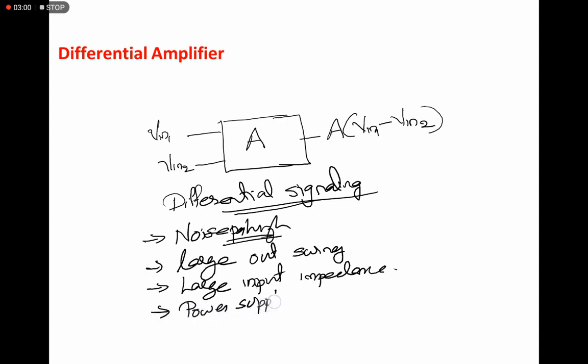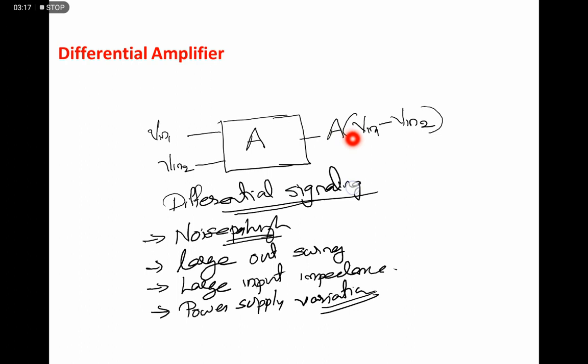So many advantages are there. I think you studied all these in analog integrated circuits or linear integrated circuits in the fifth semester. So first we will start with a basic differential amplifier.